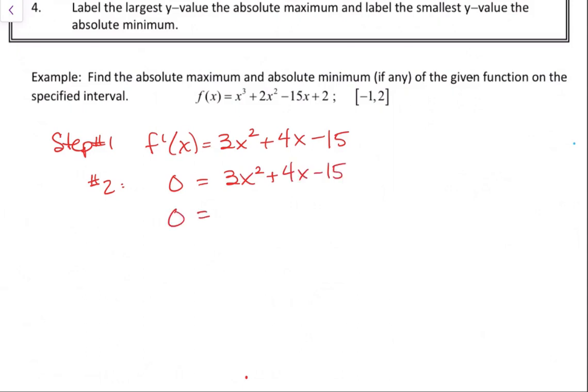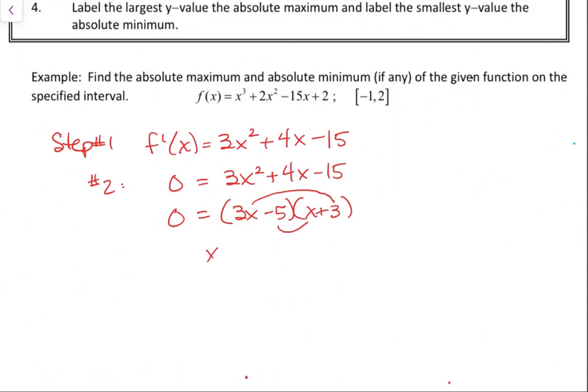So that means factoring this out. So this will factor into 3x and x, and it looks like I'll need a 3 here and a 5 there, so that my outer gives me 9, my inner gives me 5. So I want that positive and that negative.